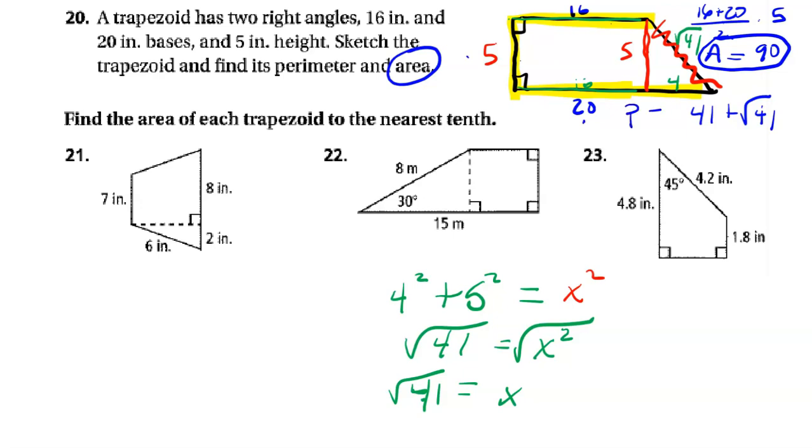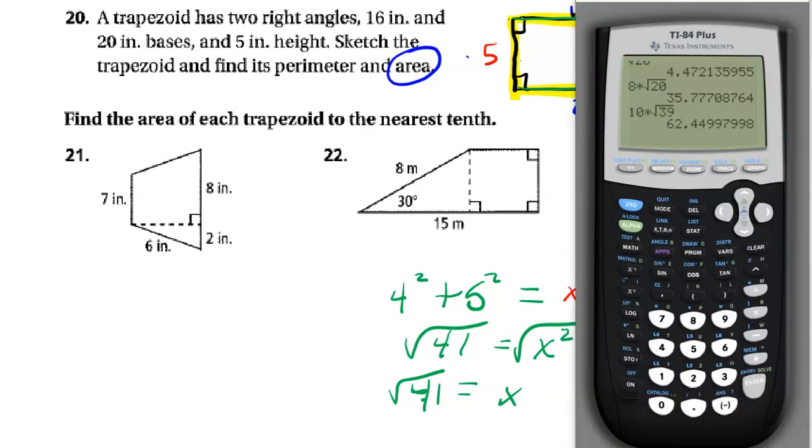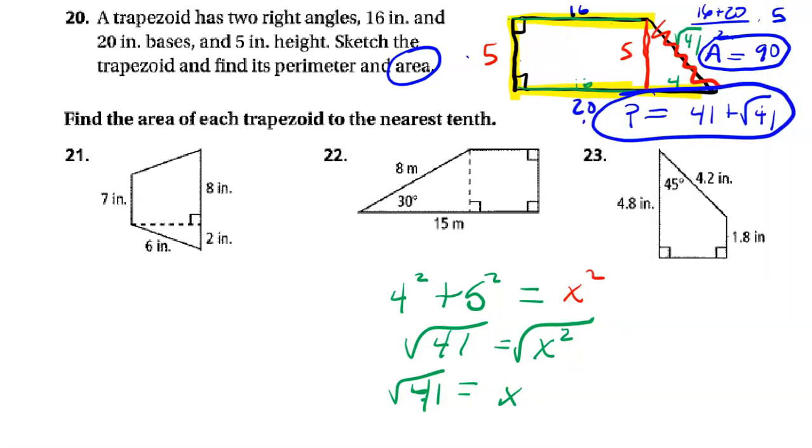But this would be our perimeter if I was leaving it in radical form. If I want to find out the decimal for that, 41 plus square root 41, 47.4. So the perimeter, 47.4 for that one.